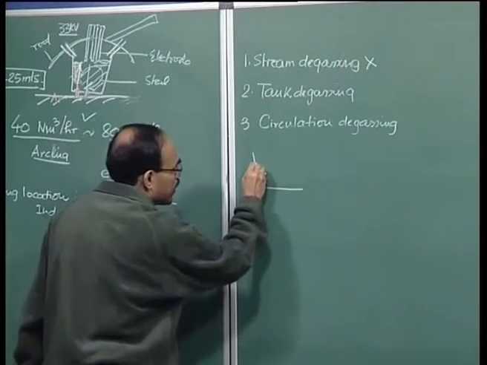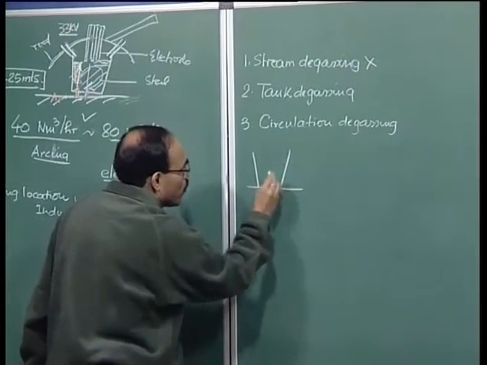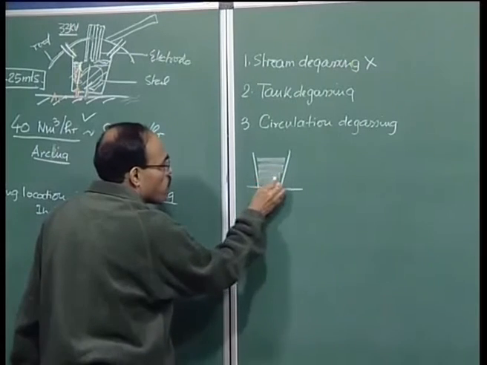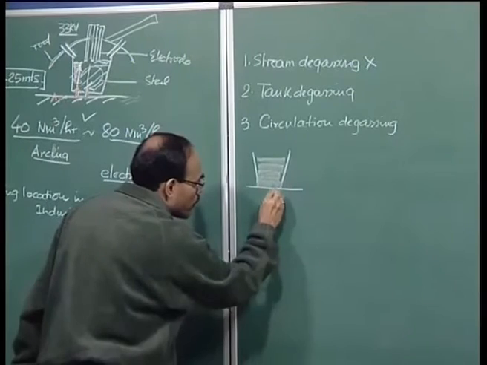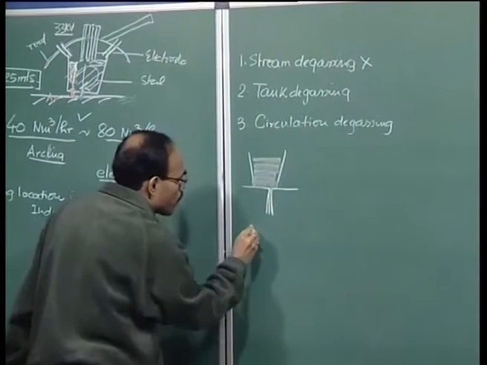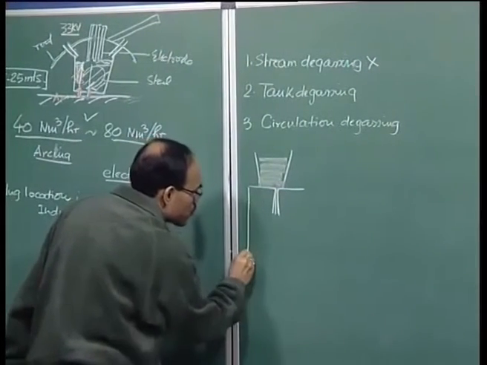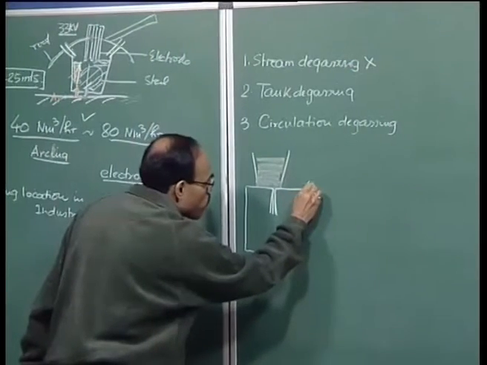So, this is a small little ladle which is sitting here, which contains molten metal, and then we have molten metal falling in another ladle which is contained in a big chamber.